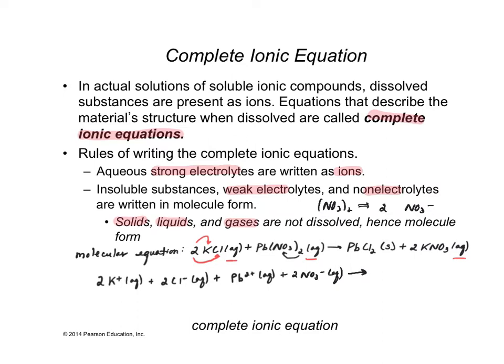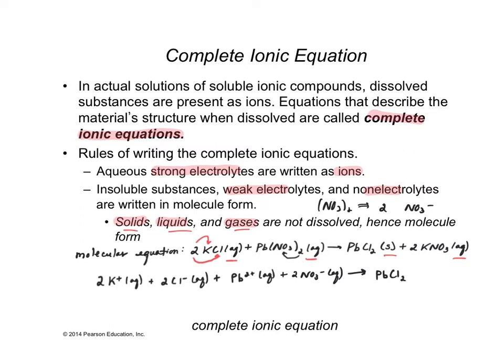So now anything that exists as a solid, liquid, or gas, we're going to keep as its actual molecule form, right? So in this precipitation reaction, we made this PbCl2. In the complete ionic equation, we're going to keep that together because it does exist together, right? It's at the bottom of the beaker as this molecule.